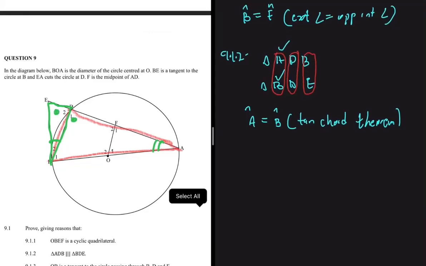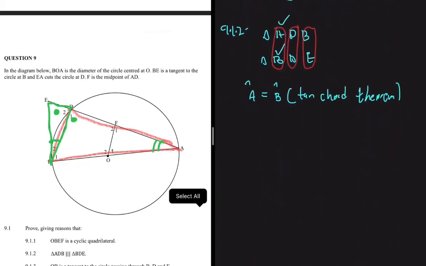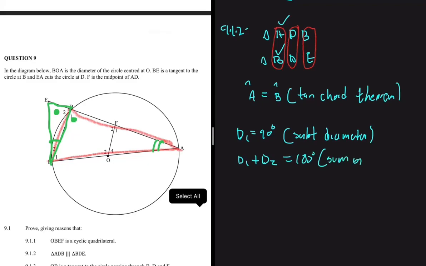Which keyword are we going to use? We have diameter, tangent, and theorem 1. We're going to use diameter in this question. Why are we saying diameter? Because D1 is equal to 90 degrees. Why are we saying it is equal to 90 degrees? It's being subtended by a diameter, right? But then at the same time, D1 plus D2 should be equal to 180 degrees. This is the sum of angles on a straight line.